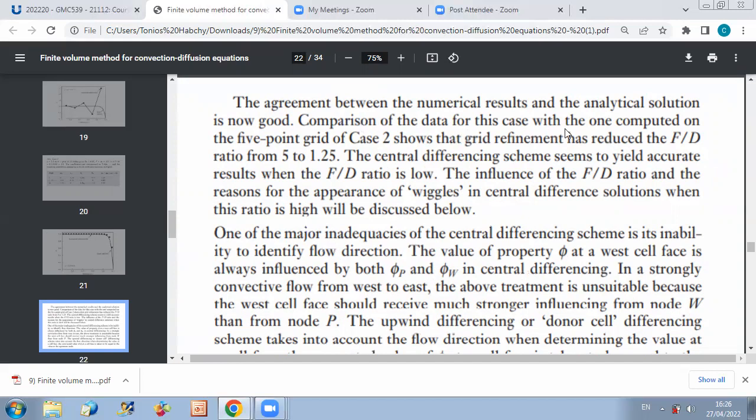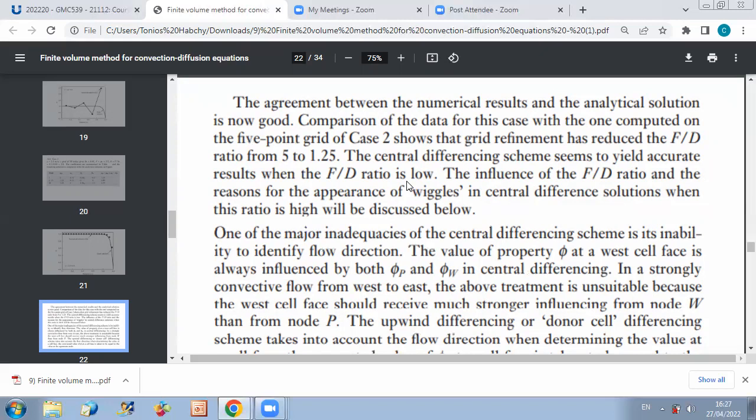Comparison of the data for this case with the one computed on the 5-point grid of case 2 shows that grid refinement has reduced the ratio F over D, which is related to the Peclet number, from 5 to 1.25. So the central difference scheme seems to yield accurate results when the ratio F over D is low.